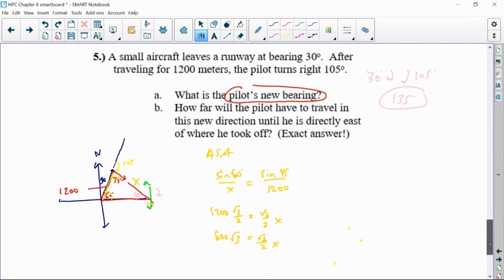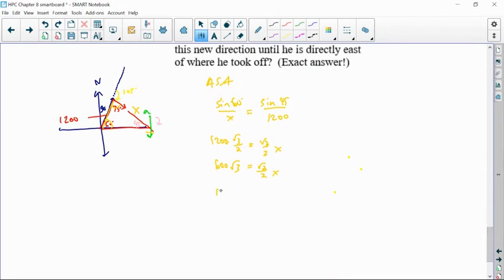Then if I divide this over, I get 1200 root 3 divided by root 2 is equal to x. Or if I multiply by root 2 over root 2 to rationalize that, that'd be 1200 root 6 divided by 2 is equal to x. And then if I divide one more time, that's 600 root 6 is equal to x.